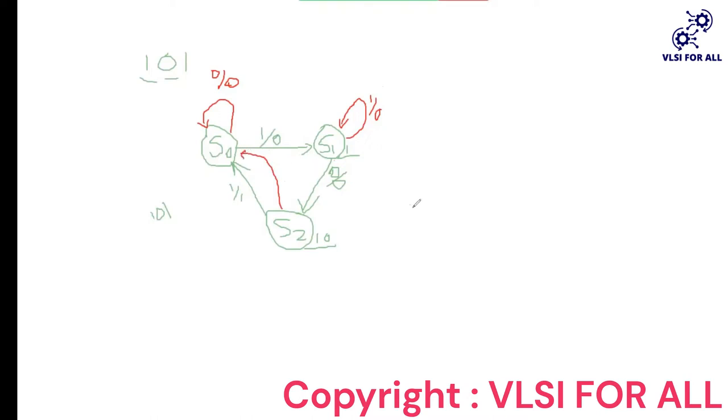Because when we have 1 0, and then again if we get 0, the entire sequence goes wrong, right? So it will go back to the initial state. So it will be 0 by 0 again here. This is a Mealy machine for non-overlapping of 101 sequence, right?